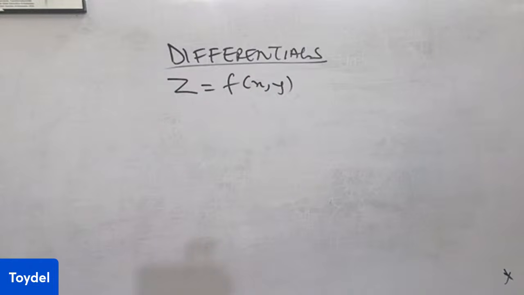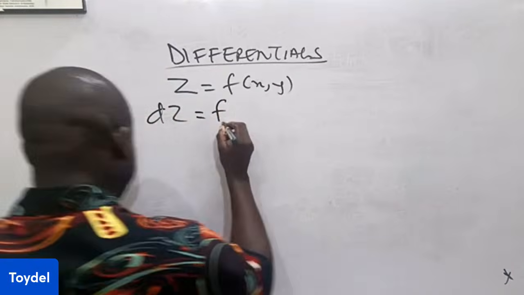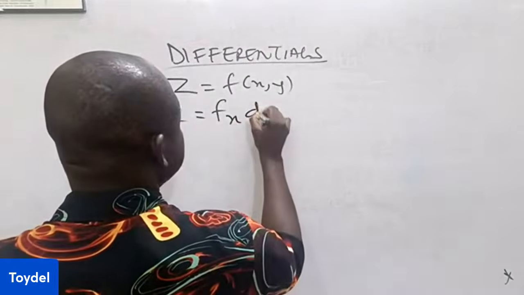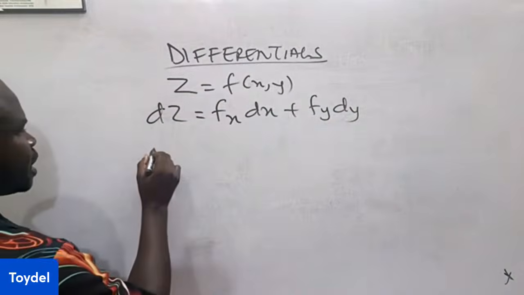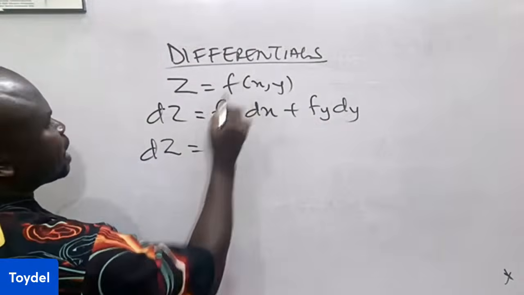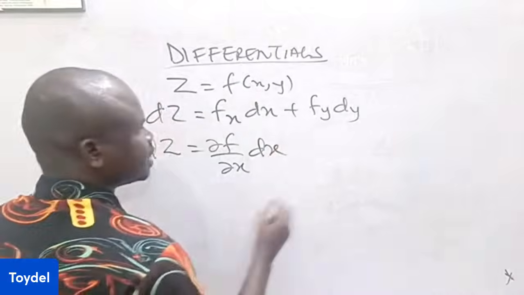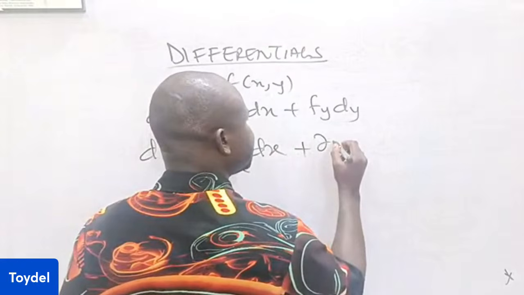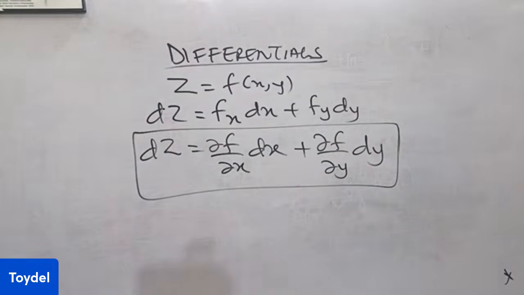If z is a function of x and y, then dz will be f_x dx plus f_y dy. That is what we're trying to say: dz will be the partial derivative of f with respect to x times dx, plus the partial derivative of f with respect to y times dy. This is what we want to establish, and that's that about differentials.